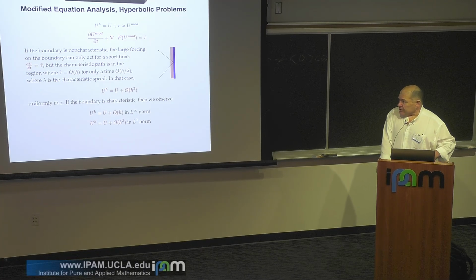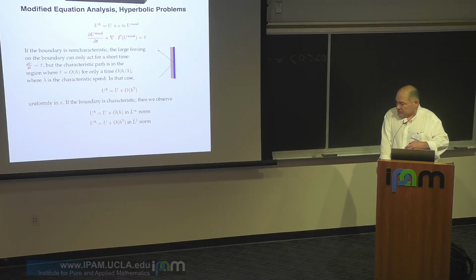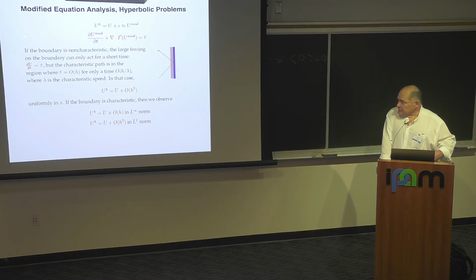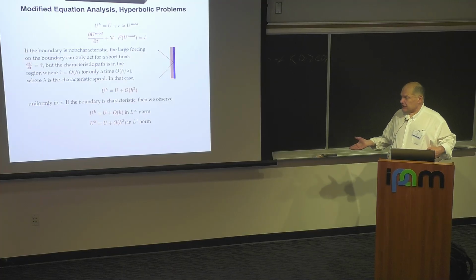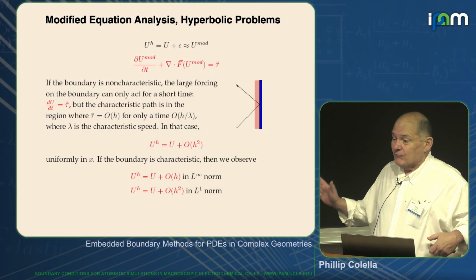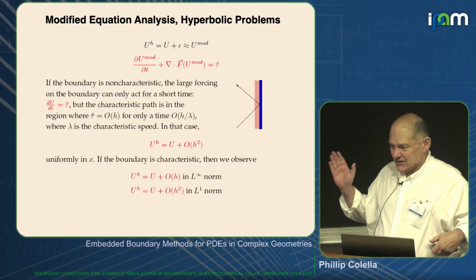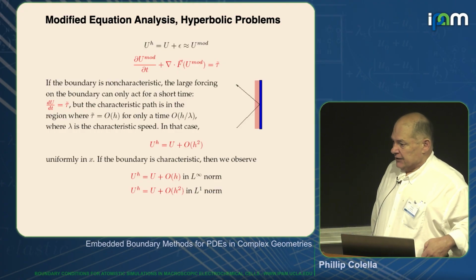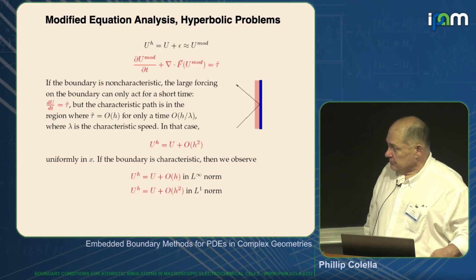If you have a characteristic boundary, something different happens. You have a wave that's propagating along this region that's sticking to your irregular boundary, and yes, you're going to get order h error. But it's confined, because the boundary is characteristic and the error is being generated right at that boundary and nowhere else.